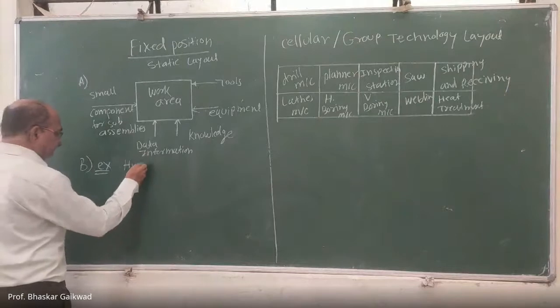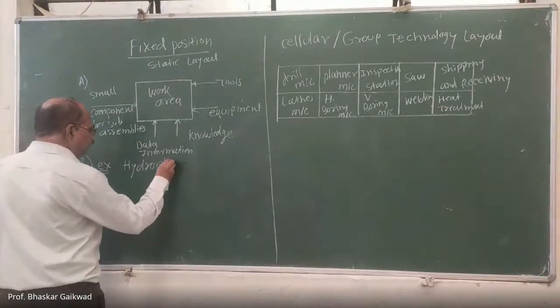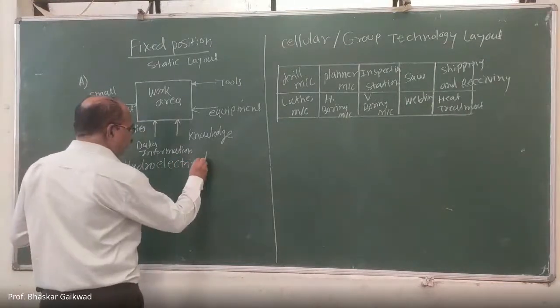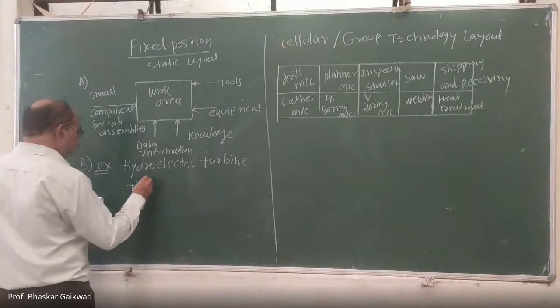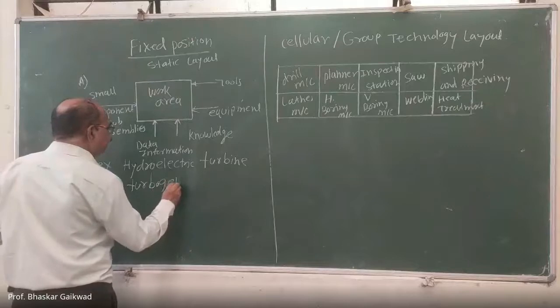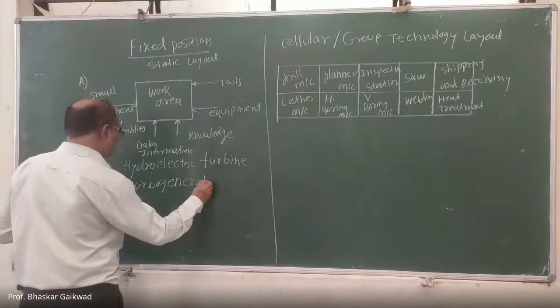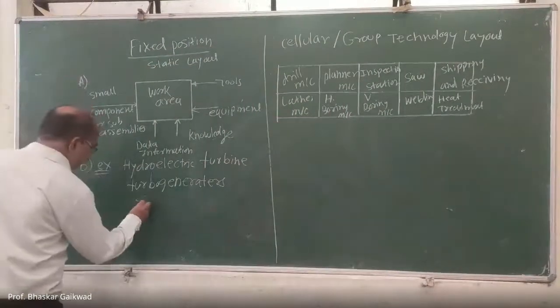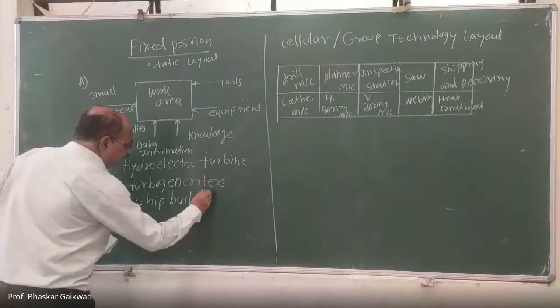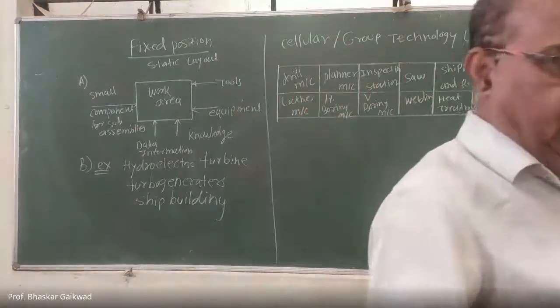Example: hydroelectric turbine. You might have seen these big hydroelectric turbines with which we can generate electricity, turbo generators, then shipbuilding, where big ships and aeroplanes are made.